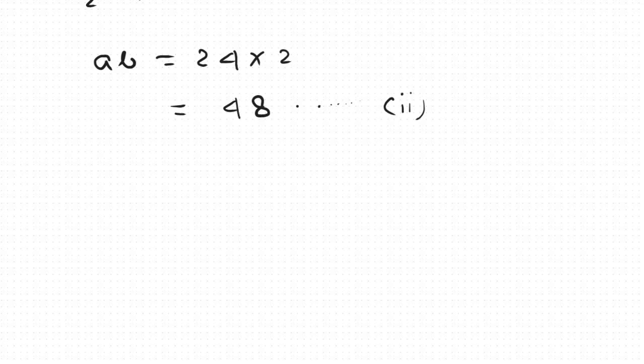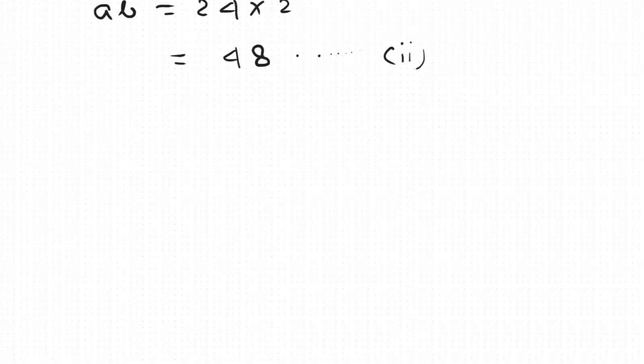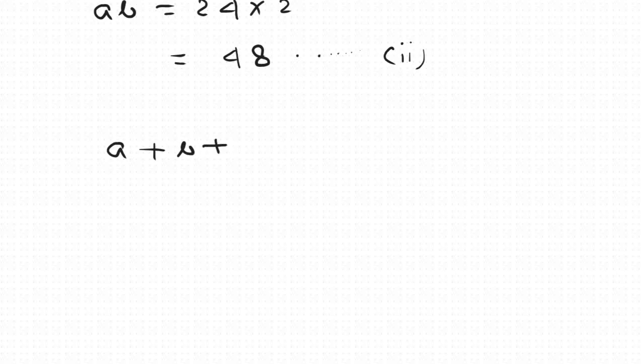Again, the perimeter is given, so we can write A plus B plus C equals 24.